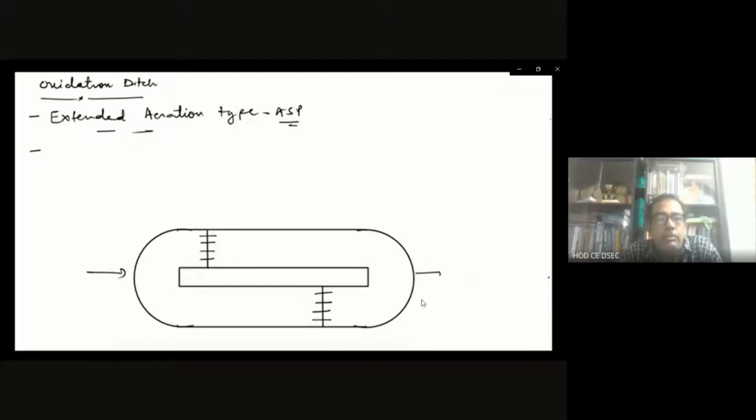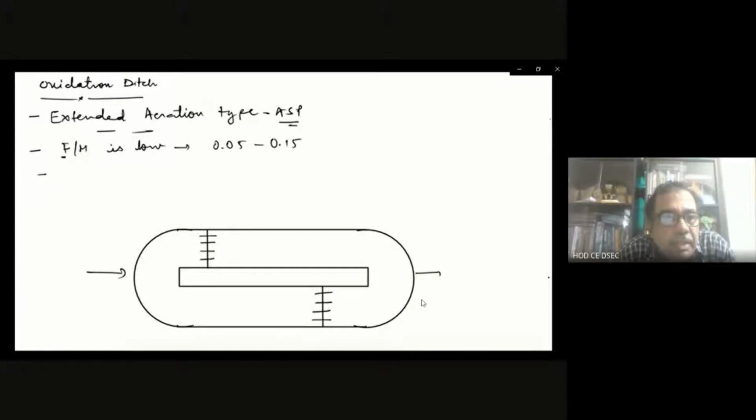So what do you mean by the extended aeration type? Because you see the length is long and the width is narrow. It is an elliptical shape, and the F by M, that is the food by microorganism ratio, is maintained low, that is 0.05 to 0.15.